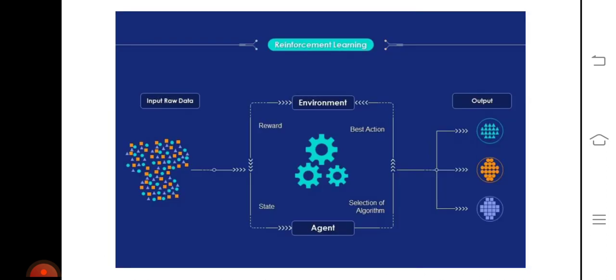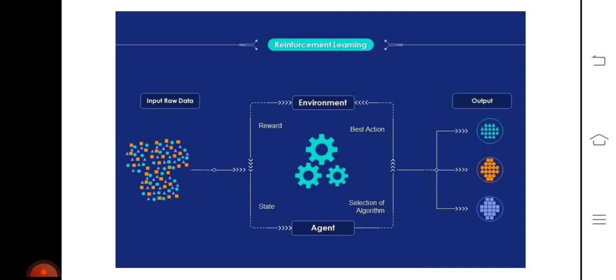See here, this input raw data is available in different shapes: rectangles, triangles and circular shapes. These are the data sets we are giving to the machine model. This is the environment, and the agent is also available. Some algorithm is selected in the model.